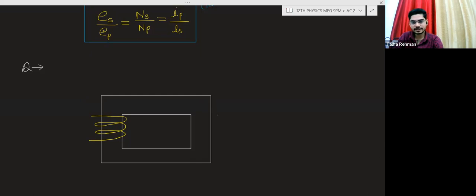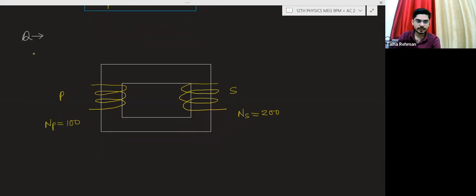One winding is like this, and on another side the winding is like this. Okay, this is the winding condition given. So this is your primary coil, this is your secondary coil. Number of turns in the primary coil is given as 100 and number of turns for the secondary coil is given as 200.